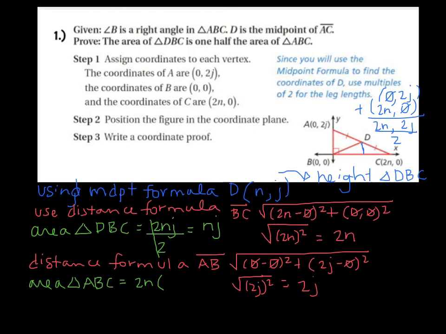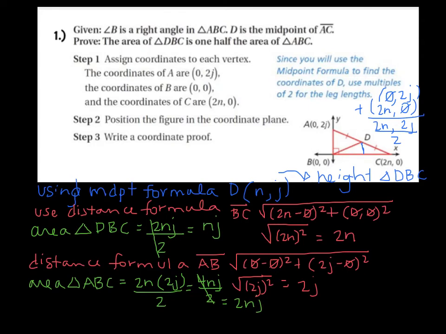I know that the height of my triangle would be the distance between A and B, which I calculated as 2j. And then I'm supposed to divide that by 2 to find area. So 2 times 2 is 4, nj over 2. I can divide here, and I find out that the area of that triangle would be 2nj.